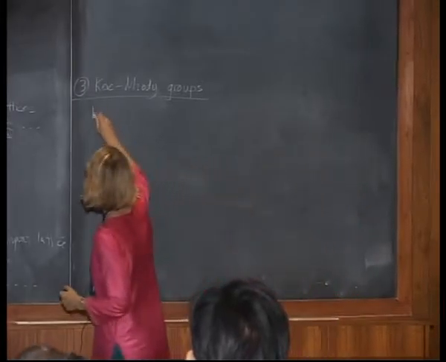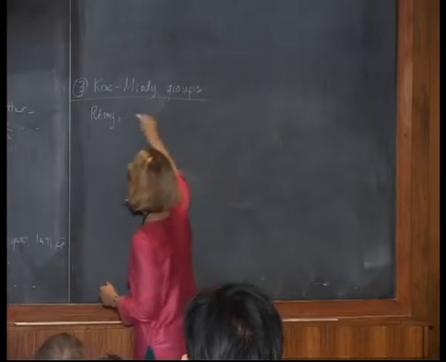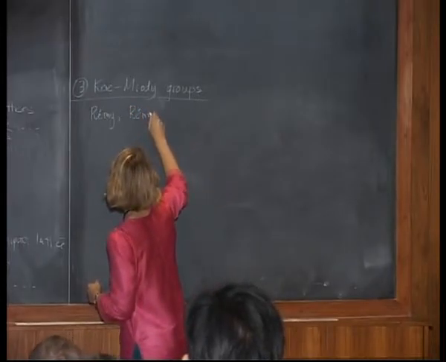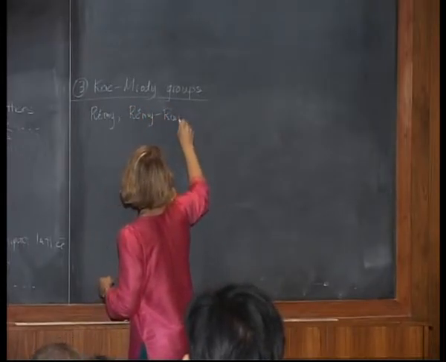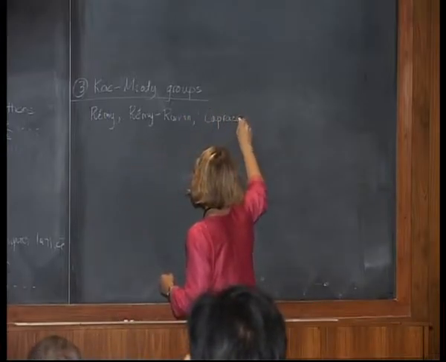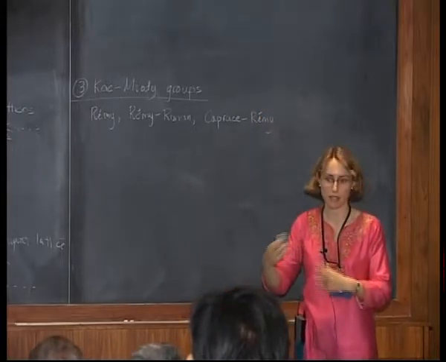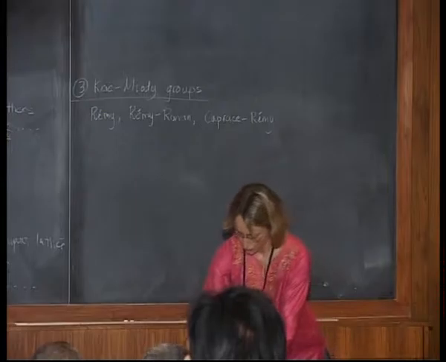To save time, I'll say that everything I'm saying is from either one of several papers of Rémy, or a paper of Rémy and Ronan, or a paper of Caprace and Rémy. And if you want to know precise attributions, I can tell you afterwards.